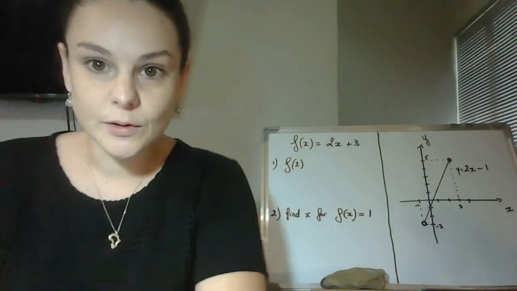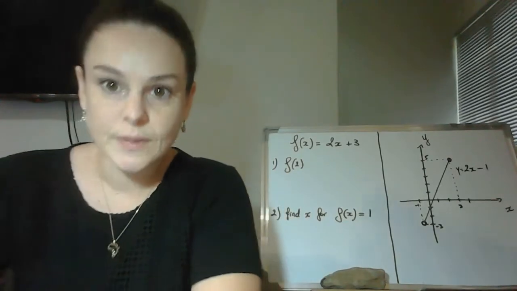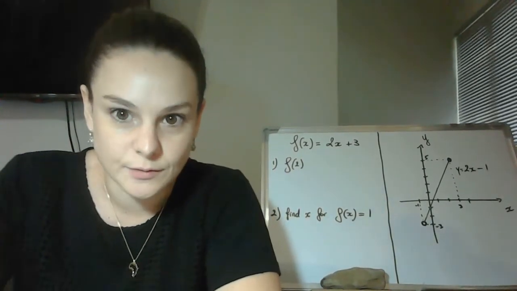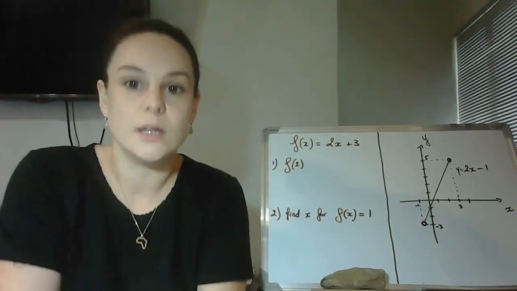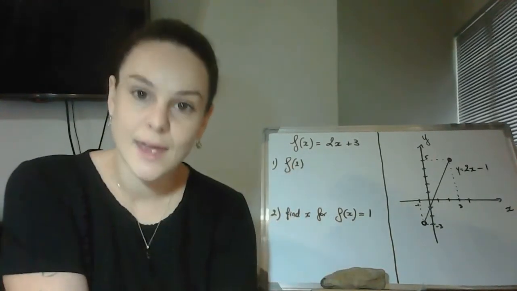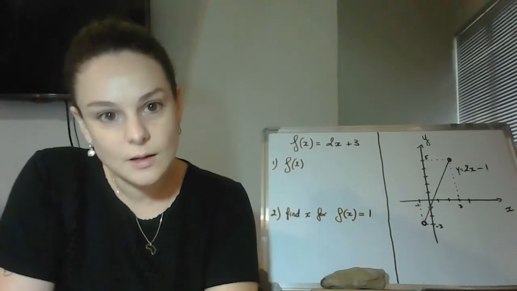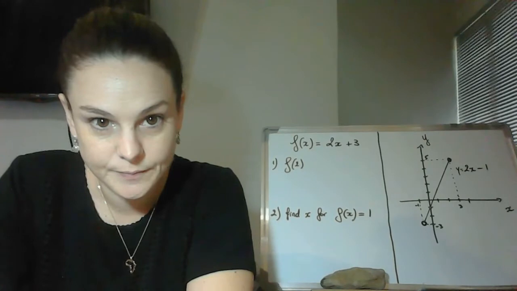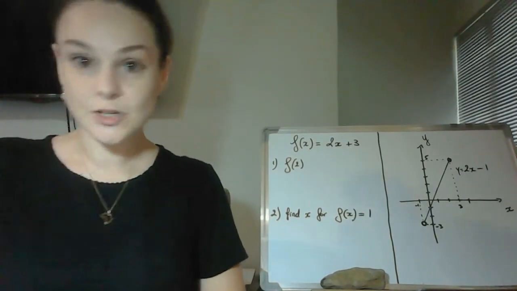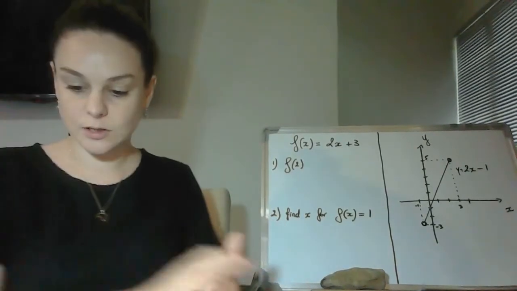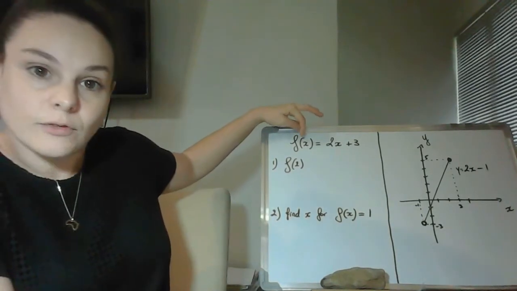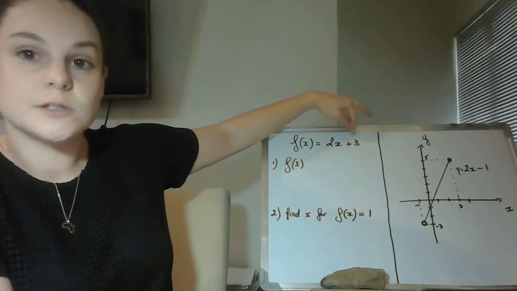Now, we saw that a function is a relationship between an x value and a y value. So every time you have an equation, you can find the x or the y by using the calculation of the function. To illustrate the next part of this lesson, we're going to use the equation y or f of x equals 2x plus 3.